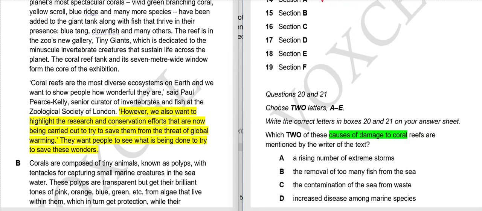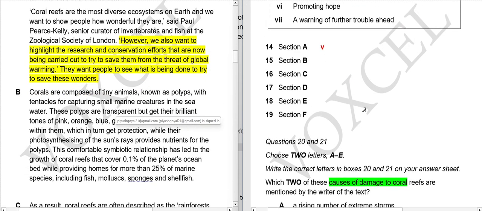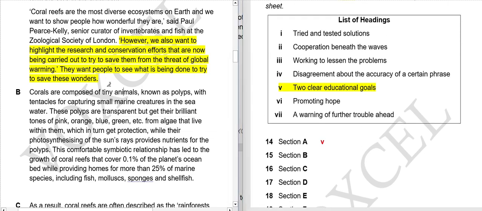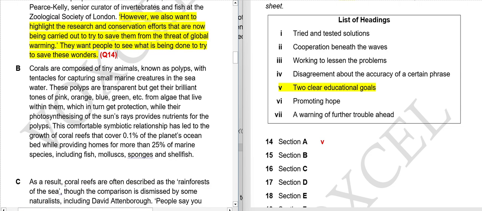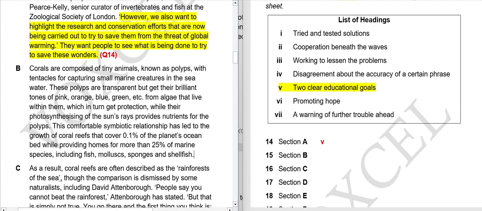So moving on to the next paragraph, let me write the question number here so that afterwards it's easy for you to identify. B section. Corals are composed of tiny animals known as polyps, with tentacles for capturing small marine creatures in seawater.